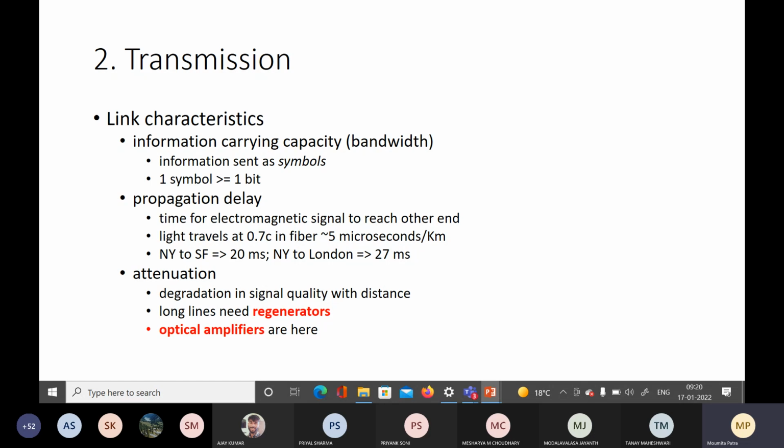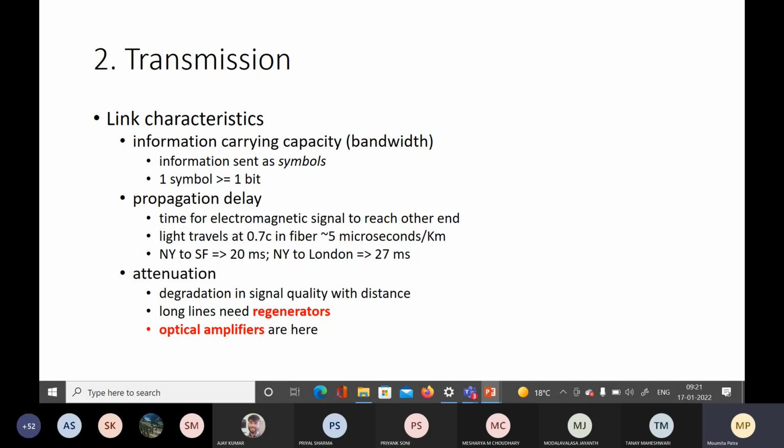For that, we need regenerators for keeping the quality of the signal intact. We have optical amplifiers at the regenerators, which improve the signal quality when you are transferring the data over a really long distance.